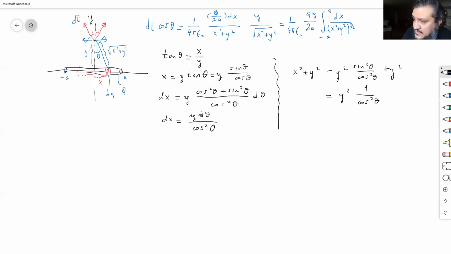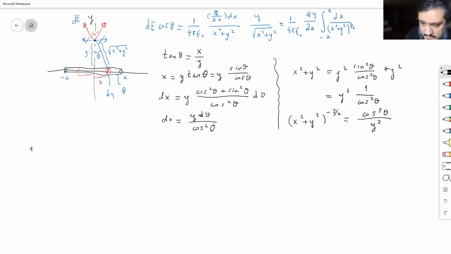So if I take the negative 3/2 power of this, what will I get? I will get cosine cubed theta divided by y cubed.